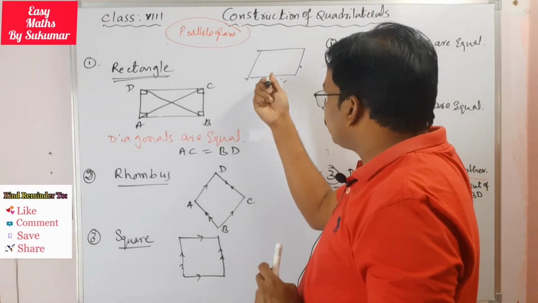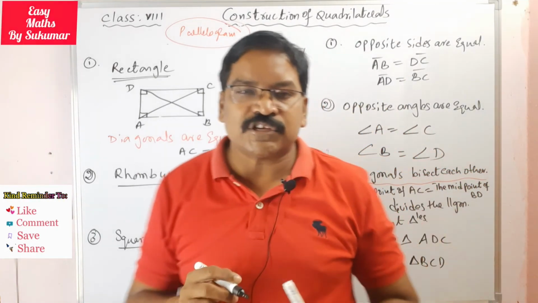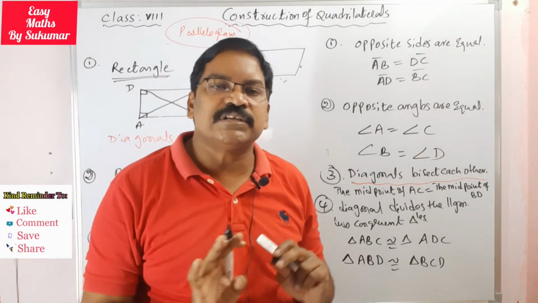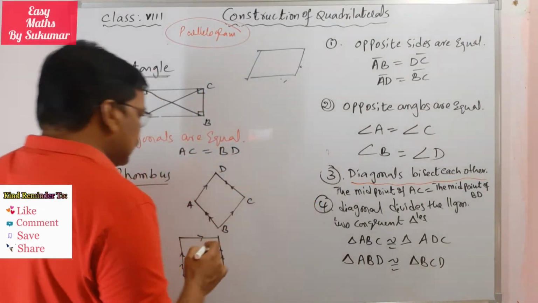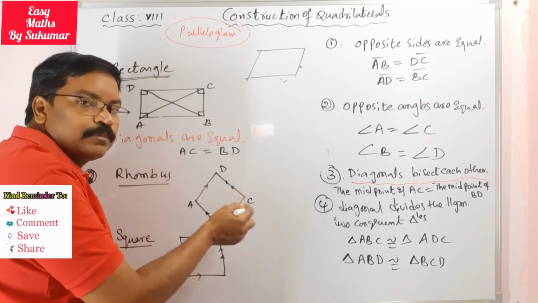Understand? Actually, in a parallelogram the adjacent sides are not equal, but if they are equal, then this parallelogram will become a rhombus.